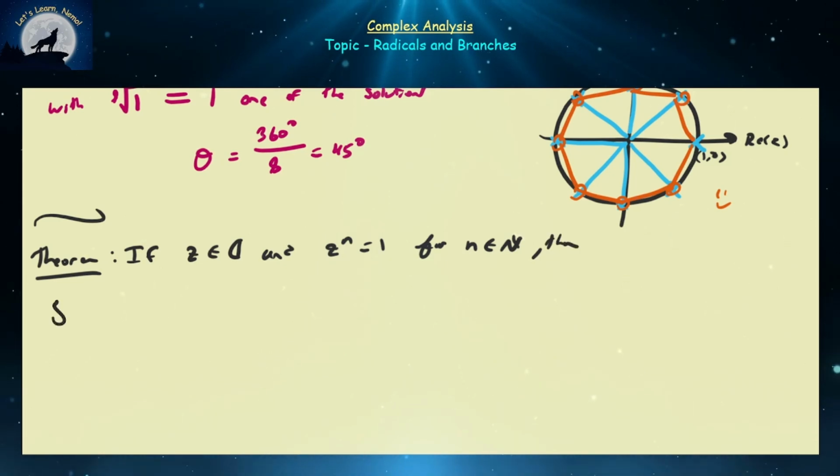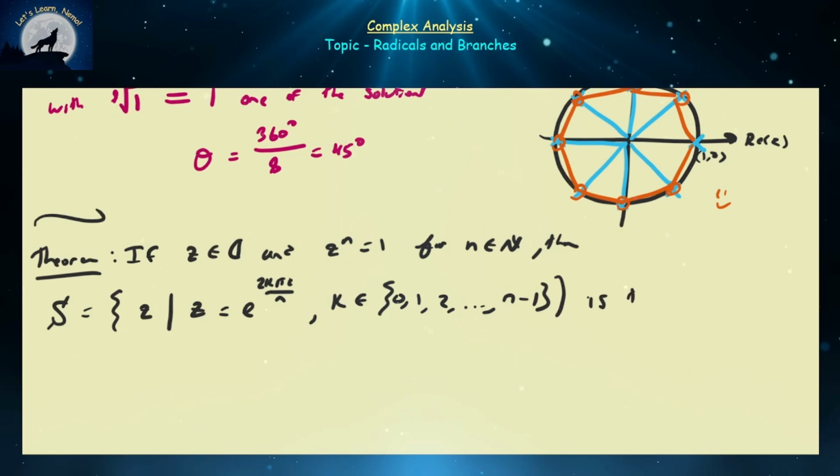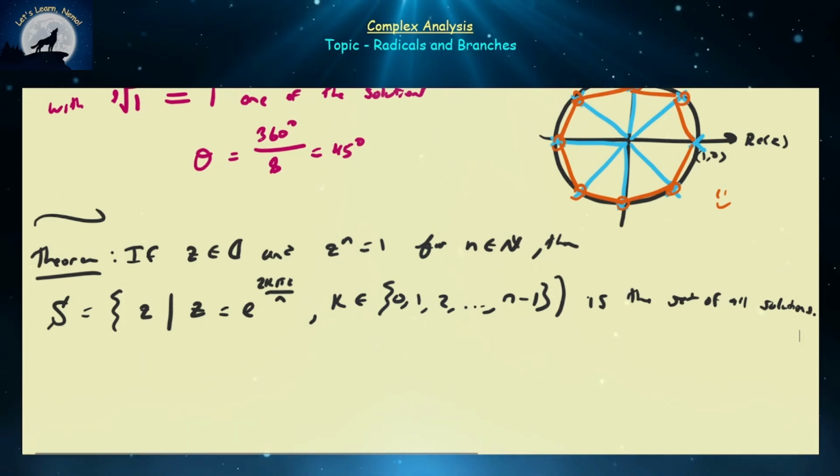Then the set of all solutions, which I'm going to represent as S, which is the set of all z such that z is equal to e to the 2k pi i over n, where k belongs to 0, 1, 2, all the way down to n minus 1, is the set of all solutions to our equation. Right? So that's pretty much what we've been working with so far.